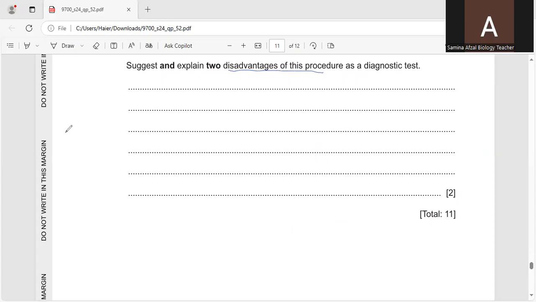Then after selecting them and choosing them and taking the samples, it will take time. So this is a long procedure. This is the main disadvantage of this procedure, that it is time taking.